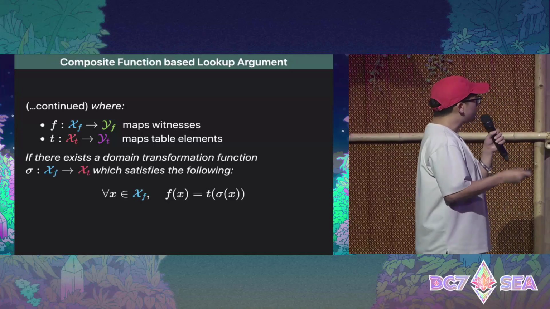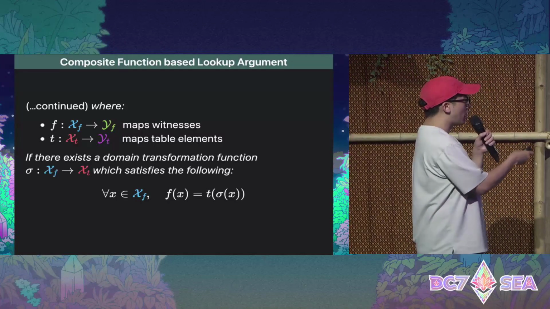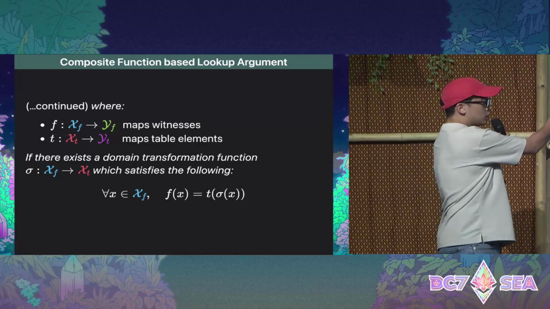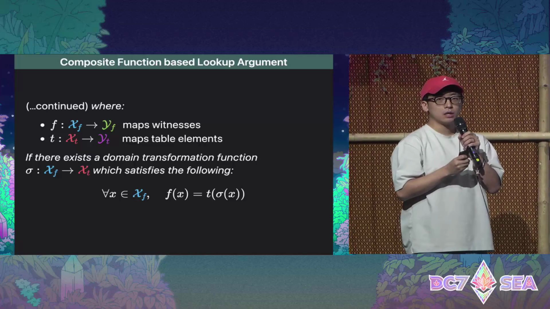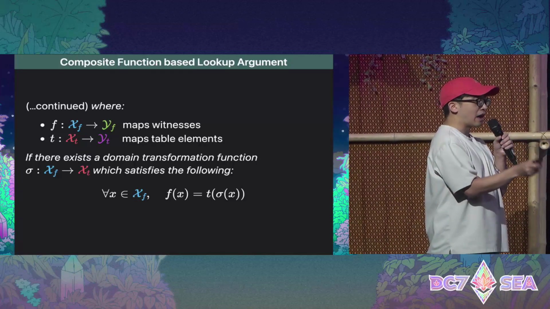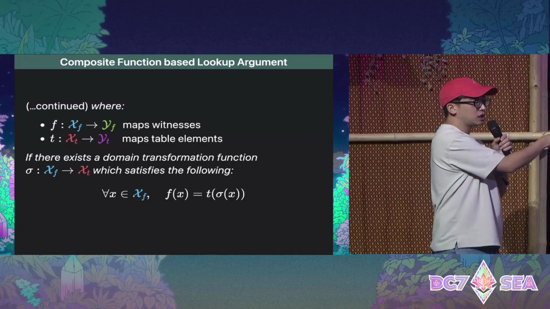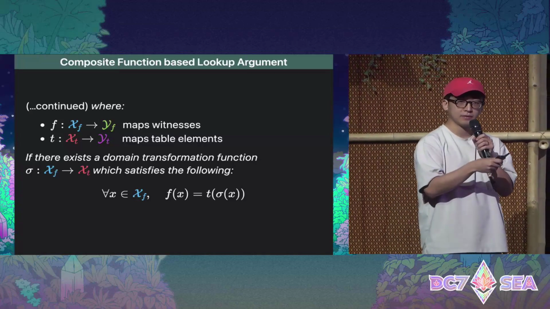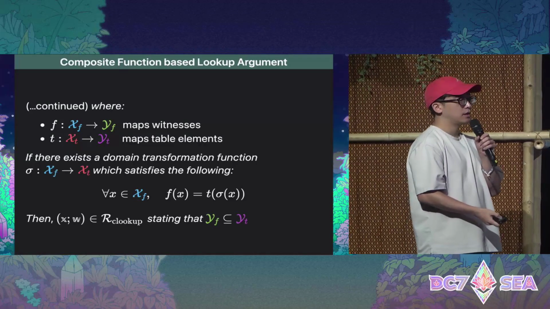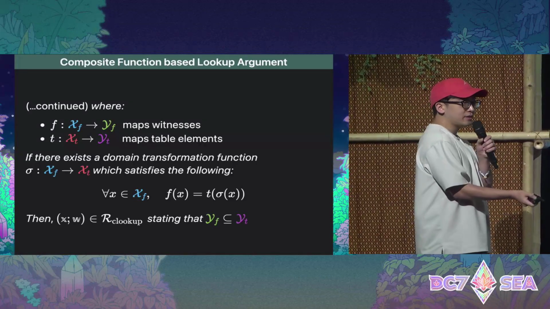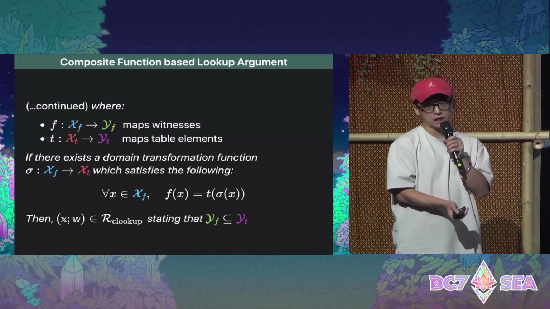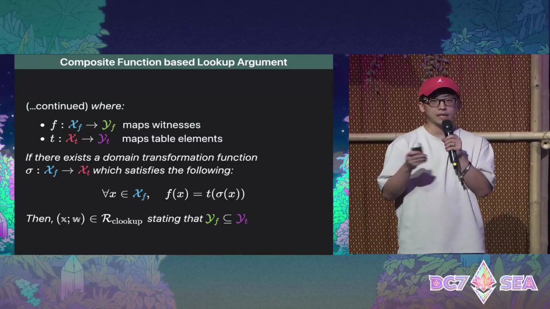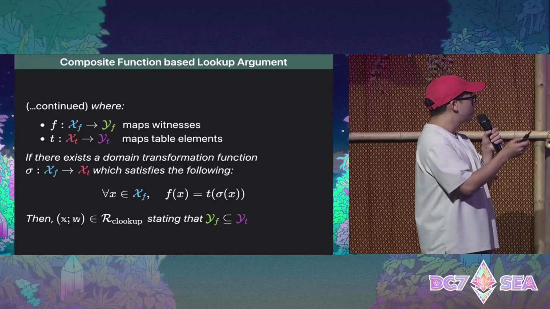If there exists a domain transformation function sigma that maps elements from xf to xt, which satisfies f of x equals t of sigma of x for all x in the domain xf, then the range of f is a subset of the range of t. And we say that the tuple of public instance and witness is in the lookup relation.